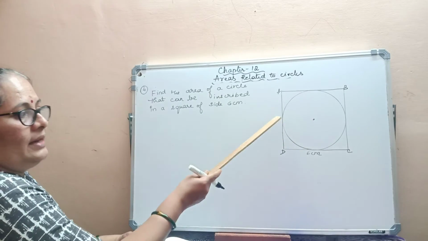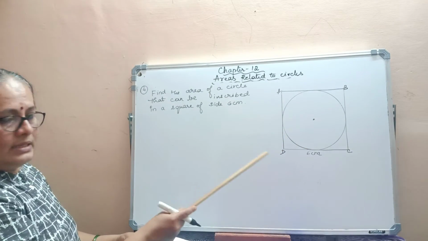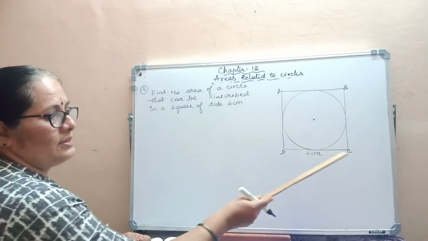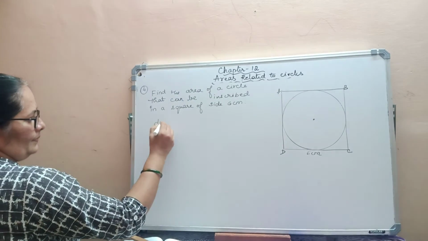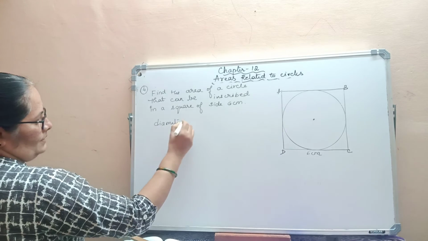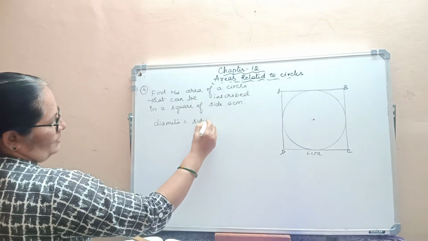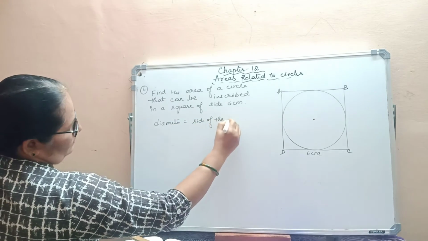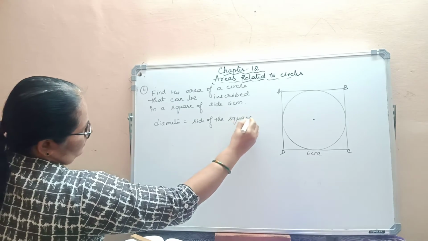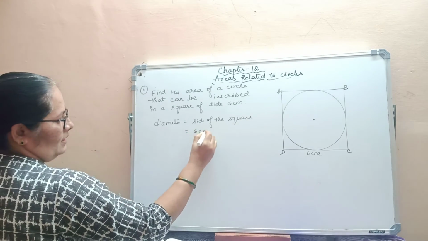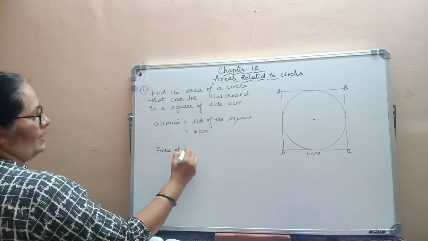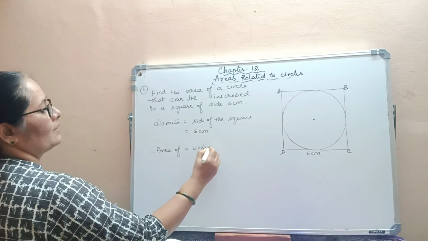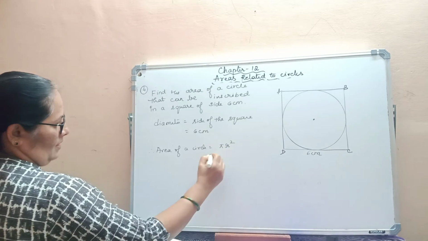Therefore, the diameter of the circle is equal to the side of the square, which is 6 cm. Therefore, area of a circle is pi r square.